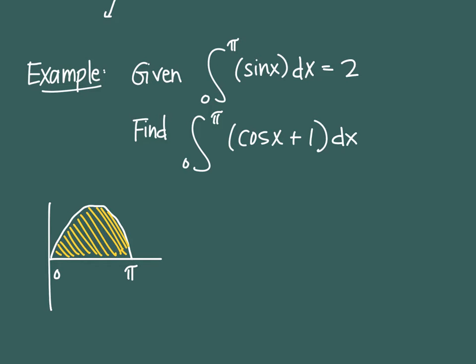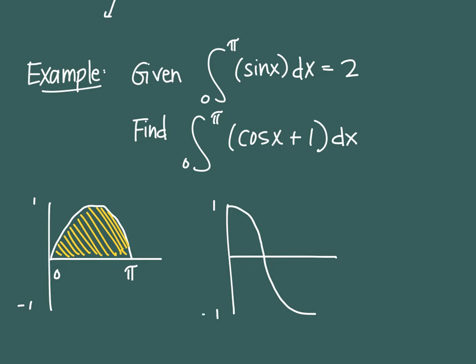So let's think about geometrically what the other shape looks like. Cosine, we know, looks like this from 0 to pi, going from 1 to -1. We also know now that we are bumping this up by the value of 1.